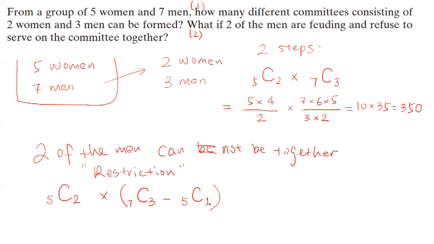So we multiply these 2 numbers, and this is the total number of ways we can complete the second task, which is 10 times (35 minus 5), which is 300.